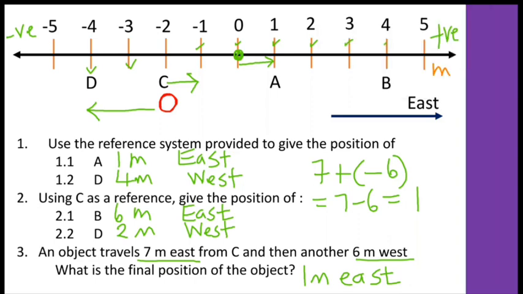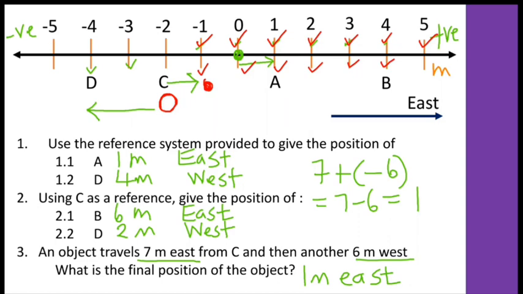Or you can do it step by step. Again, you can move the 7 meters and then come back. You can go 1, 2, 3, 4, 5, 6, 7. You're there. Now you need to come back 6. 1, 2, 3, 4, 5, 6. You land right there.